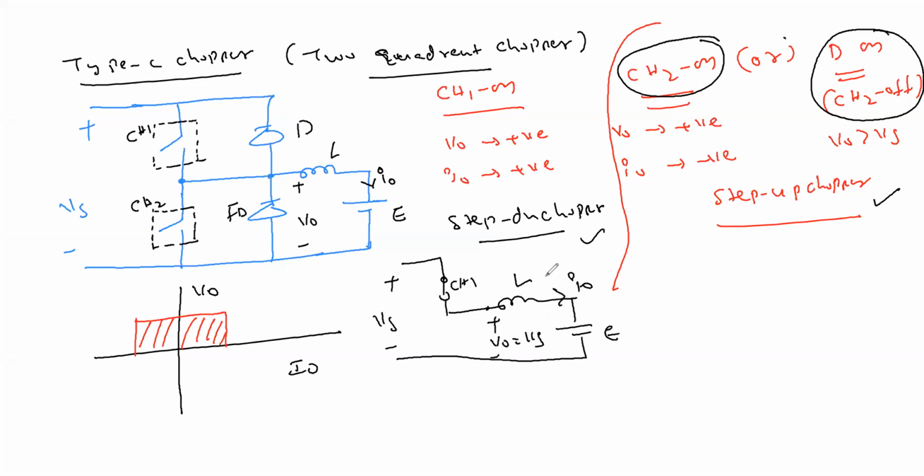What will happen? When the chopper is off, CH1 is off, तो क्या हो गया? If CH1 is off, FD will get on. Let us see it now. ये बंद कर दिया आपने, क्योंकि इधर एनर्जी है इसमें, तो what will happen? It started releasing here now.